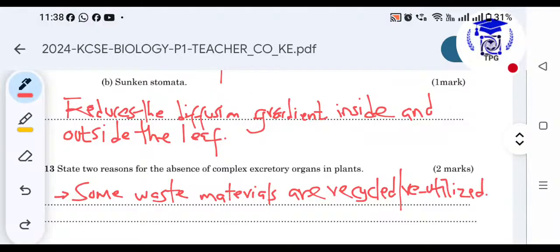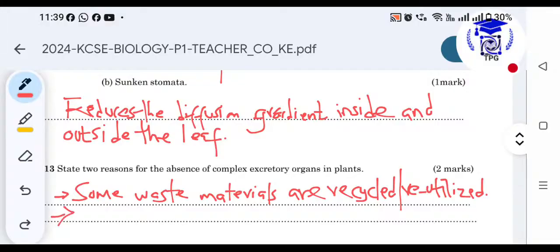One thing I want you to understand is that, for example, plants utilize carbon dioxide for photosynthesis. They give out oxygen. The oxygen given out as a byproduct during photosynthesis is reutilized by plants during respiration. That is a good example.